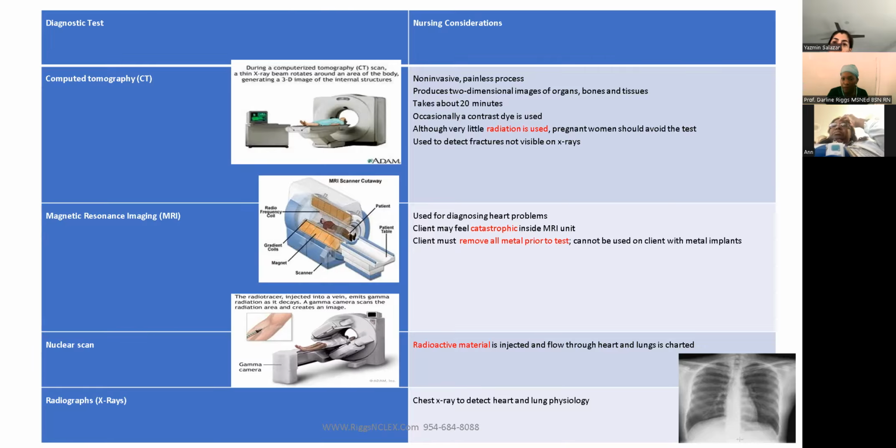It's not painful, but there are some contraindications, and one big one is pregnancy. Pregnant women should not do this because of the exposure. There's some exposure to radiation, even though it's a small amount, but it is still an exposure, and no one wants any level of exposure to their unborn child.